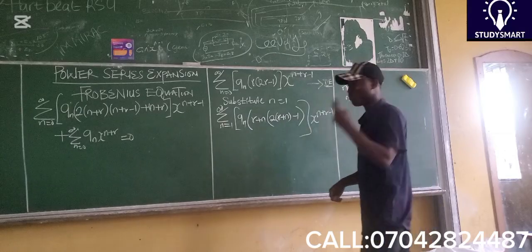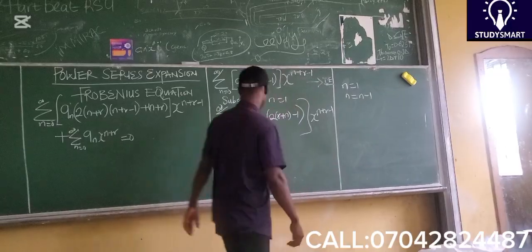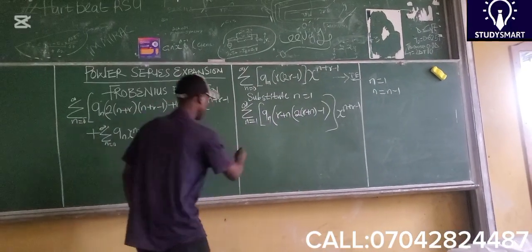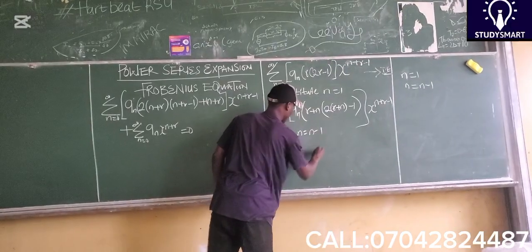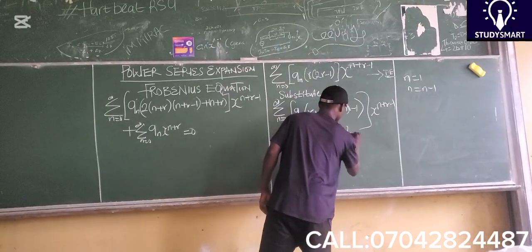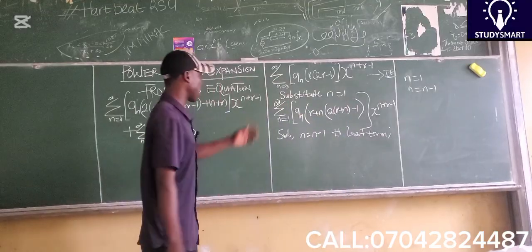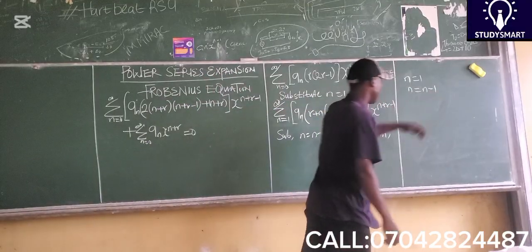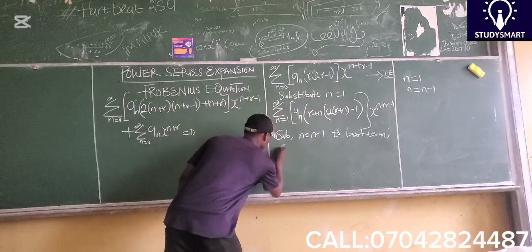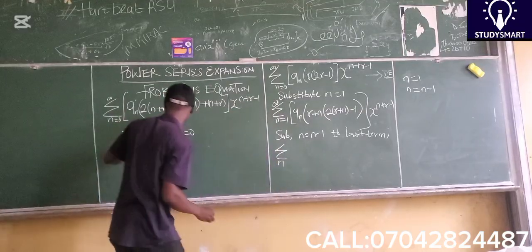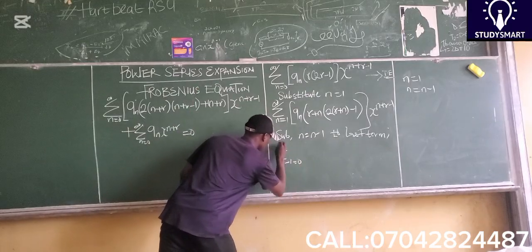So that's my first recurrence relation. Then for the second recurrence relation, I'm going to substitute n equal to n minus 1 to this last term. So if I substitute n equal to n minus 1 to this last term, it means that I'll be having the summation where n becomes n minus 1, so n minus 1 equal to 0 to infinity.